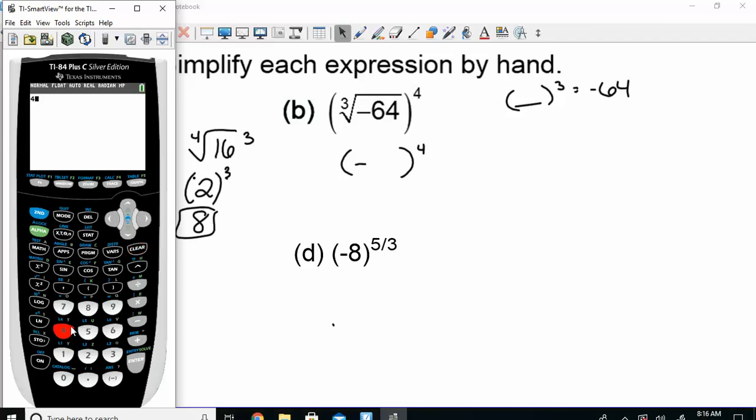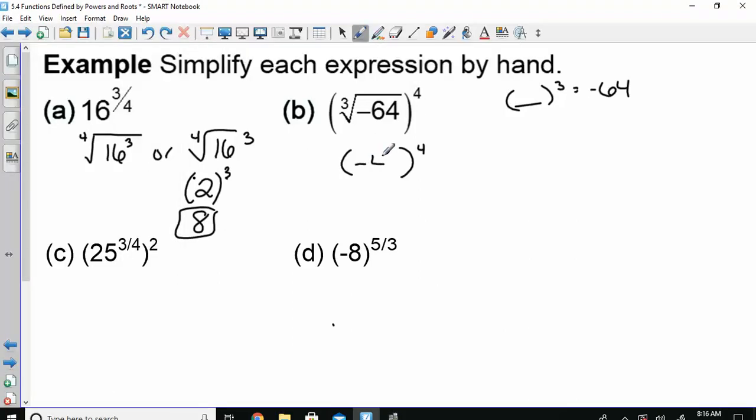You hit the 4, and then if you go into math, you would do the 5th one, and that turns it into a 4th root, and then you could type in your 81. So if you needed to check it that way, you could. You know, if I'm doing the cube root of -64, it does tell me that is -4, so you can definitely use that to double check.